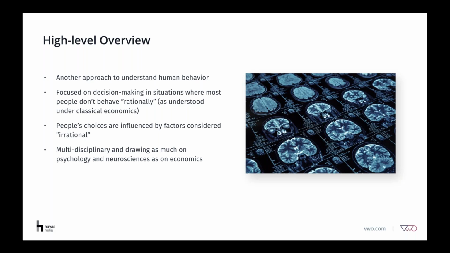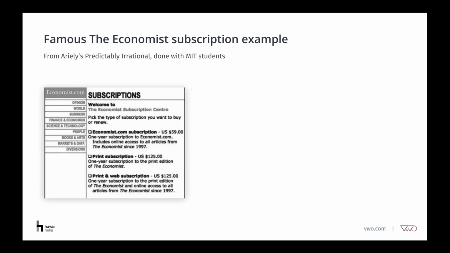It's the context around the choice, not the cold hard facts and rational facts that should drive the decision. So behavioral economics within economics is focused on those situations, and it's drawing as much on psychology and neurosciences as on economics, so it's multidisciplinary.